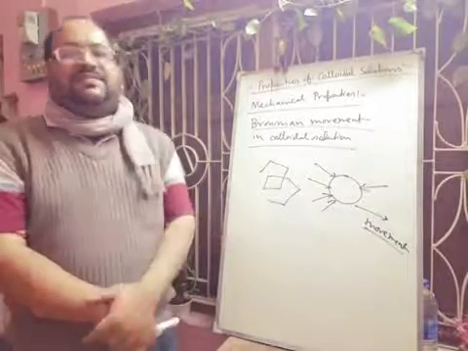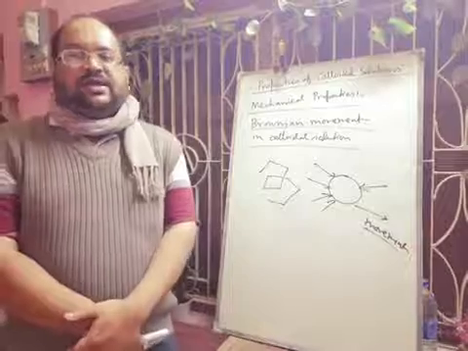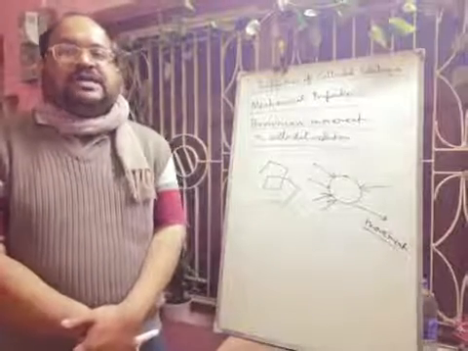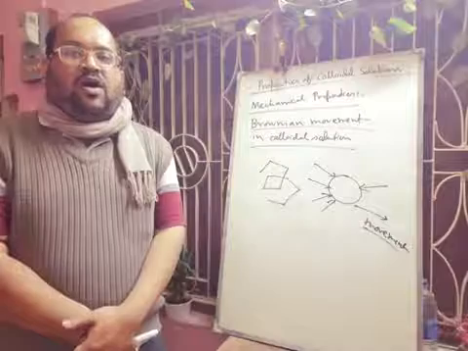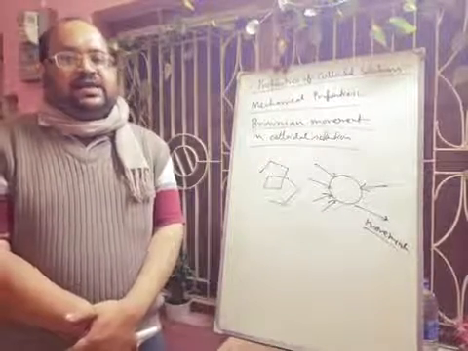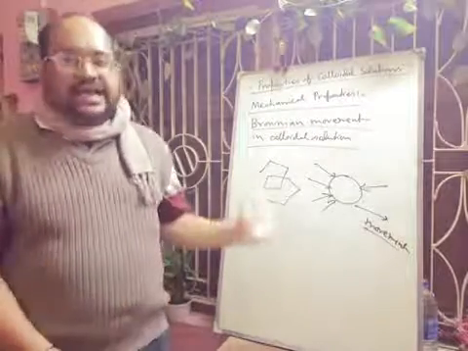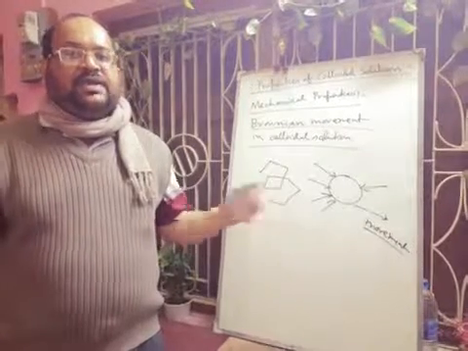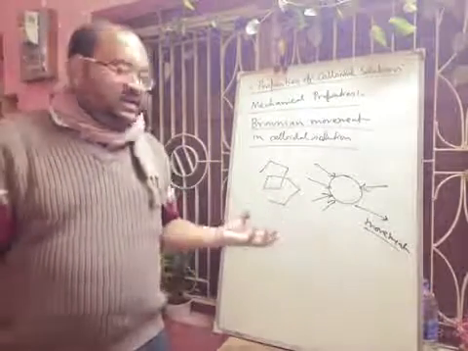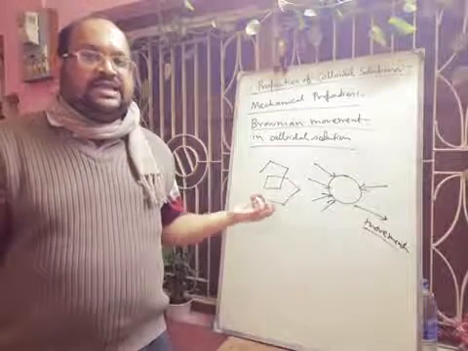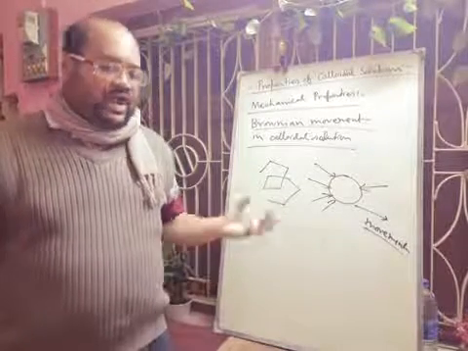Now, what is the significance of Brownian movement? It confirms the ceaseless motion of molecules as predicted by the kinetic theory, and the rapid and random movement prevents the settling of the colloidal particles by gravity and thus helps in stabilizing the colloidal solution to some extent.